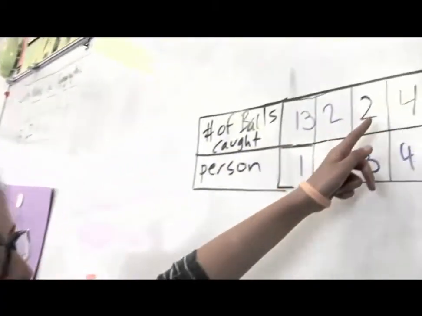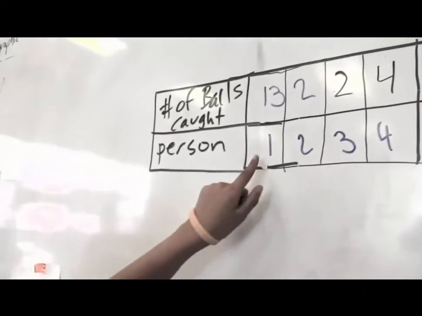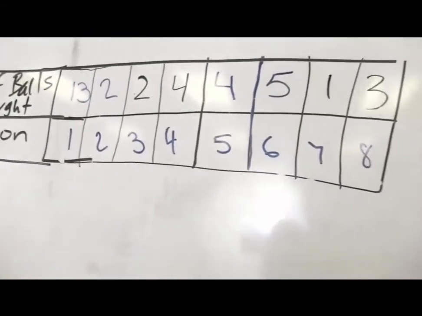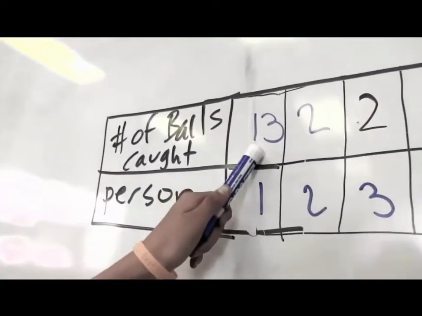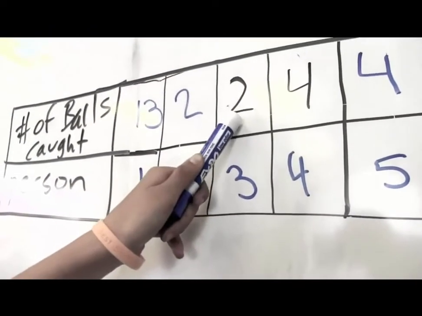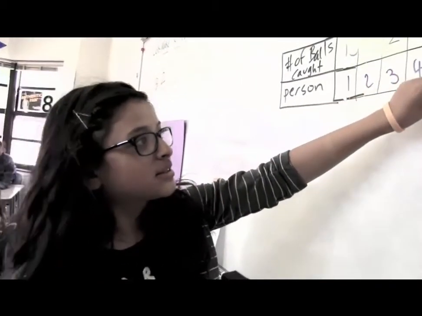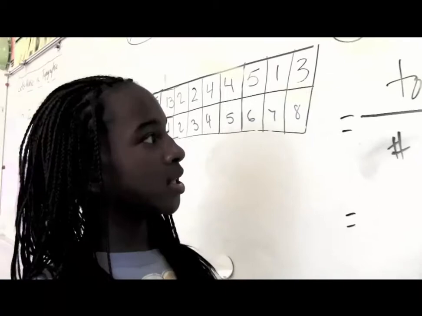Can you ladies help us? Yeah. Okay. These are the number of balls that the contestants collected, and these are just the number of people. The first person got 13, the second one got 2, the third one also got 2, the fourth one got 4, the fifth one got 4, 6, and so on. So this is how we're going to find the mean.